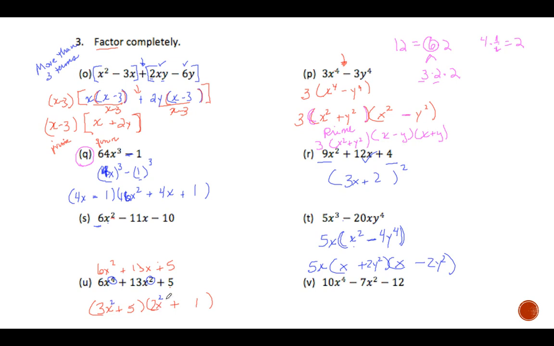Isn't 3x squared times 2x squared 6x to the fourth? And isn't 3x squared and 10x squared equal to 13x squared? And isn't positive 5 times positive 1, 5?